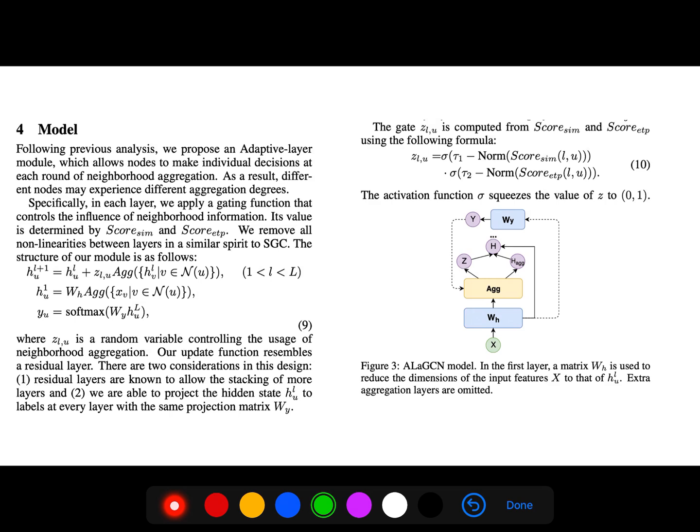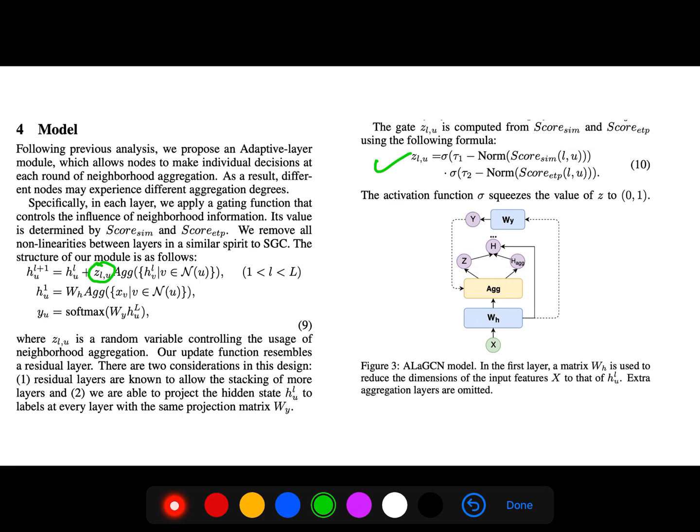So now this Z here is a random variable that controls the usage of neighborhood aggregation. Our update function resembles a residual. The gate is computed from score sim and score ent.